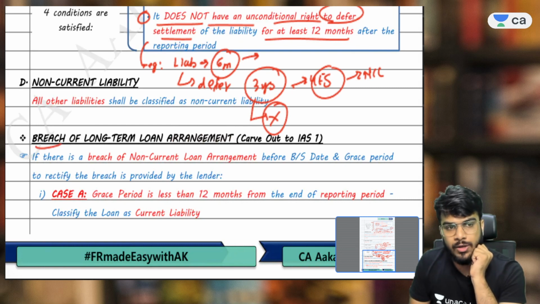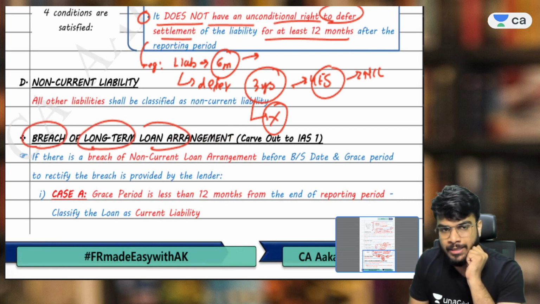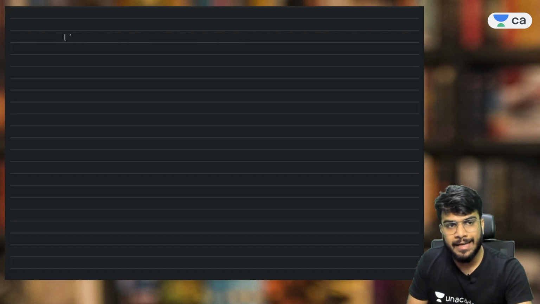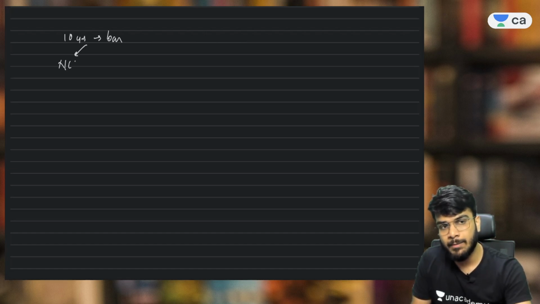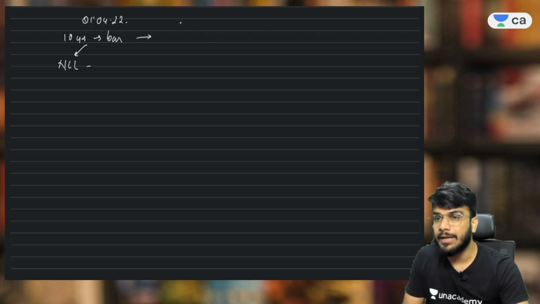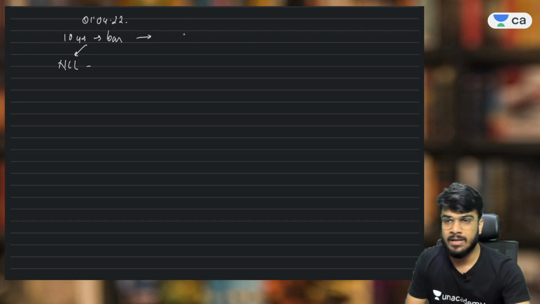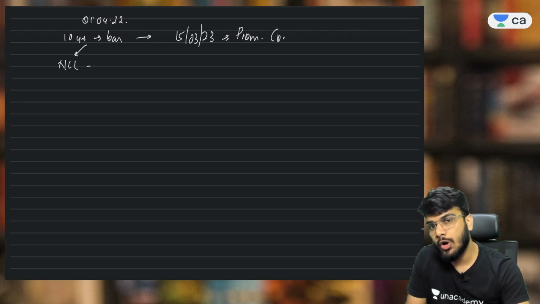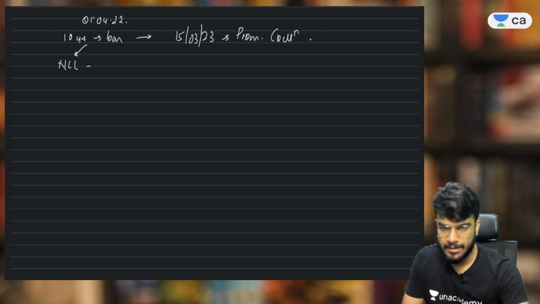Now, what is the meaning of this breach of long-term loan arrangement? Let's try to understand this point with the help of one example. Let's say I have taken a 10-year loan. That means it is a non-current liability for me. I have taken this loan on 1st April 2022. Now, let's say there is one condition attached that till 15th March 23, promoters have to contribute a certain amount of money.